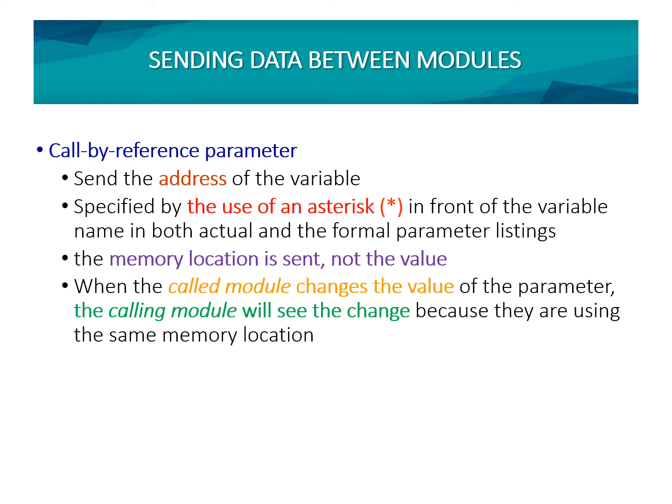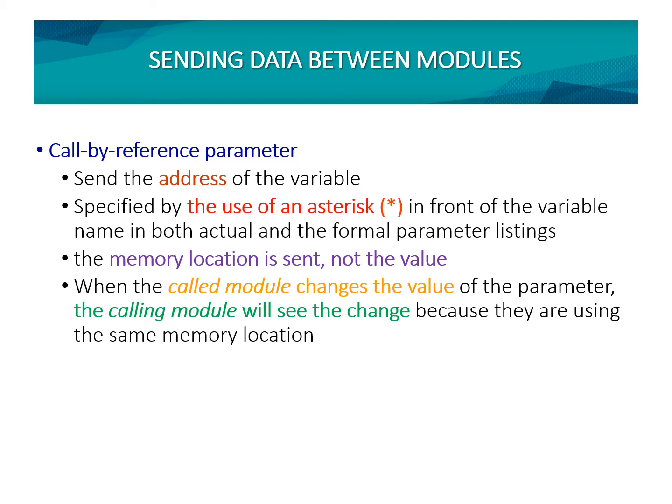The other term is call by reference parameter. This time we send the address of the variable instead of the actual value to the module. In call by reference, we use the star symbol in front of the variable name in both the actual and formal parameter listing. So we utilize the memory location of the variable and not its value.